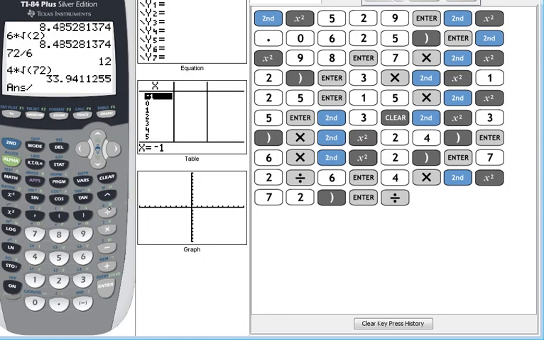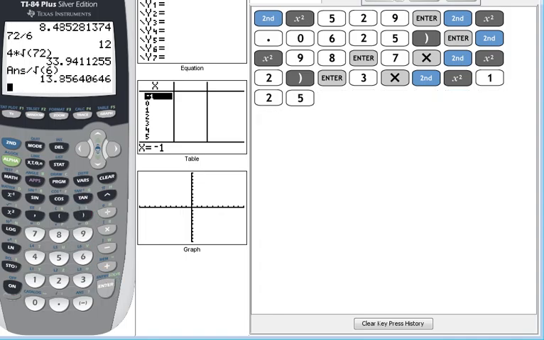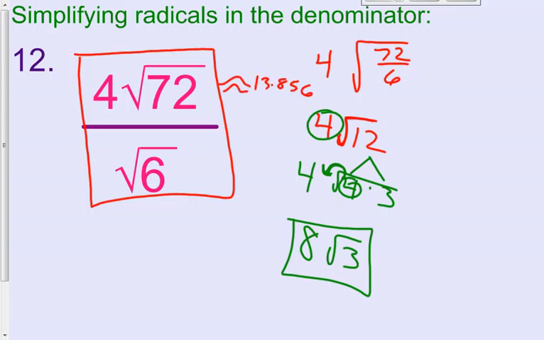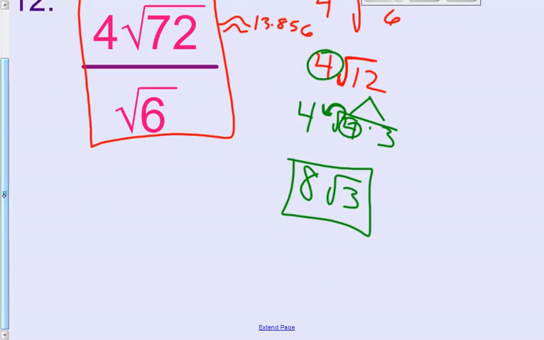And our answer is 13.856. So all of this right here, that equals approximately 13.856. Now we simplified it, so this answer should also equal approximately 13.856 if we did it correctly.